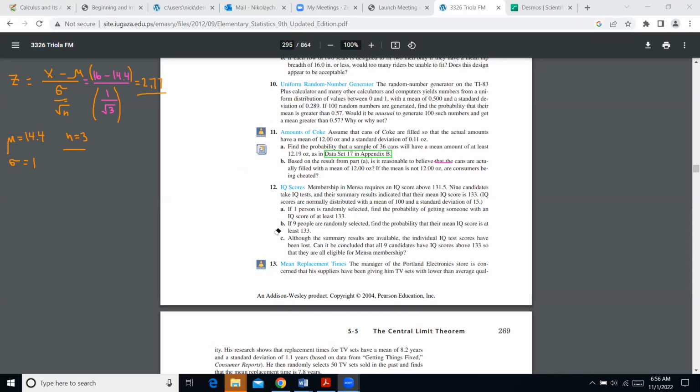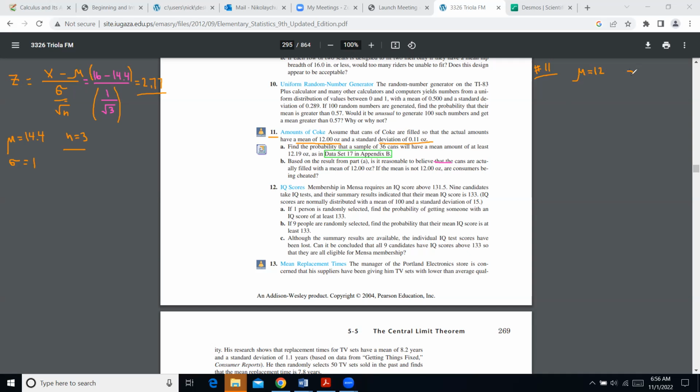So they decided to double check if that's correct or not. So I'm looking at exercise 11 that deals with the average or mean equal to 12 ounces. And also the standard deviation, which is 0.11.